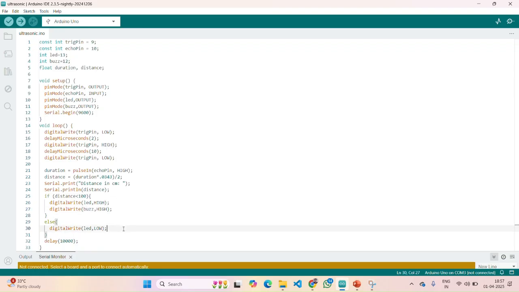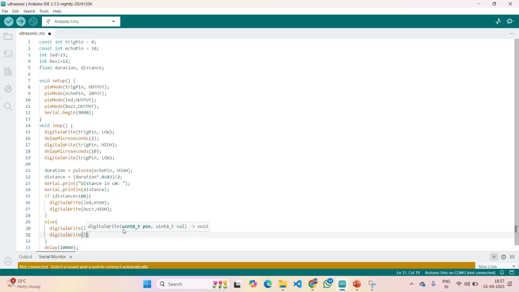Yes. In the else condition, we are going to change it. Digital write, buzz, comma, low. Yes, this is the complete functionality of our ultrasonic sensor.